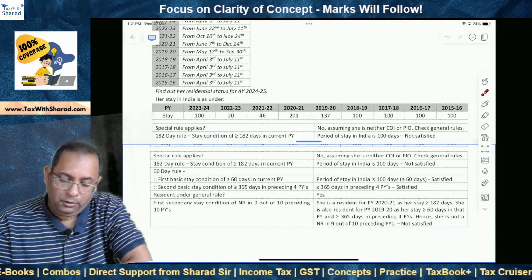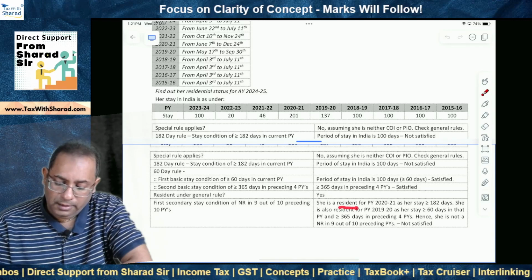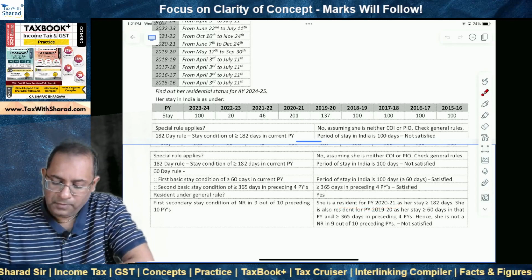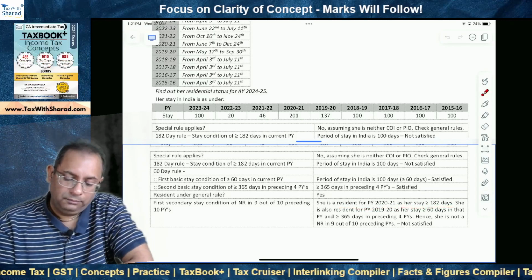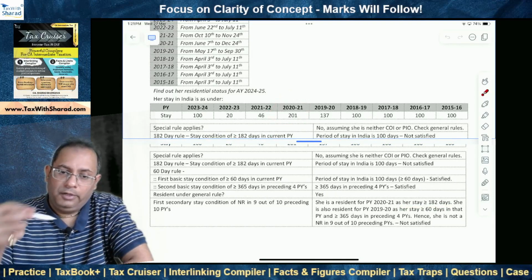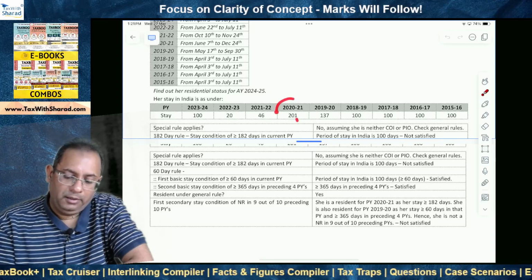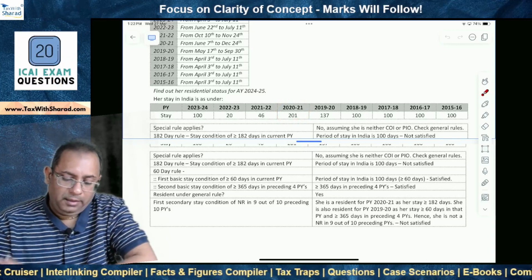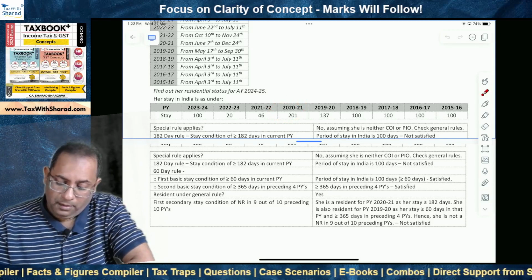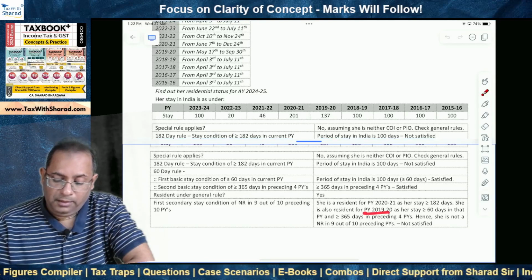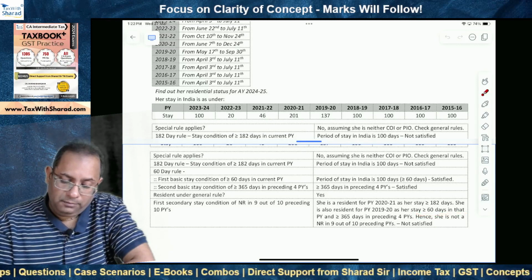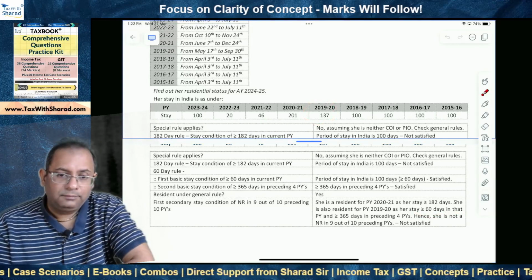If you carefully look at the data, she is a resident for previous year 2021 as her stay is 182 days or more. It is 201. So straight away you can figure out that she was a resident in 2021. So out of the preceding 10 years, for at least 1 year she is a resident. Now, if you look at previous year 2019-20, her stay is 60 days or more in that previous year, 137 days.